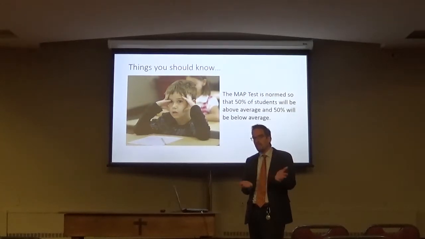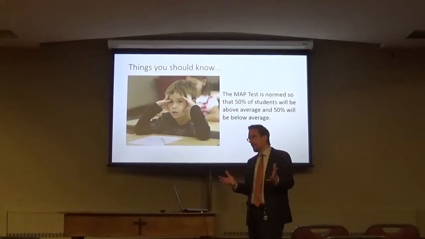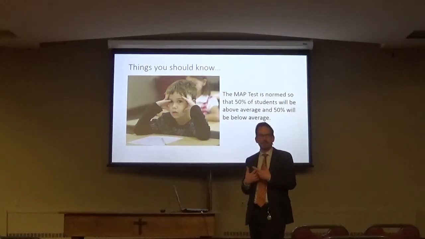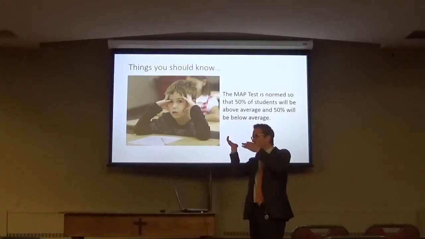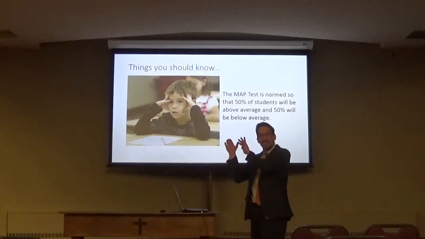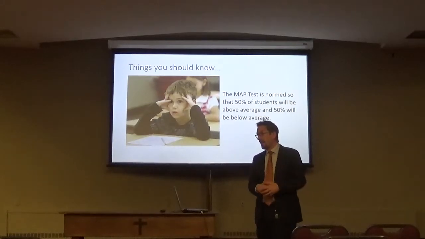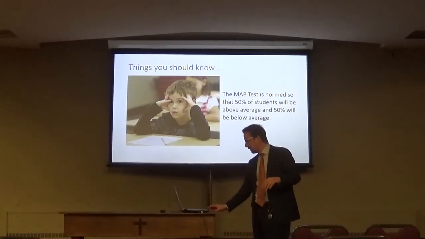We do tend to have more of our students above the 50th percentile, so we tend not to be an average school. Nevertheless, it would be unrealistic for us to think that all of our children here are going to be above the 50th percentile, because that means there's another school out there, potentially, statistically, where all the children are below. I'm thinking we are more of a normal school.